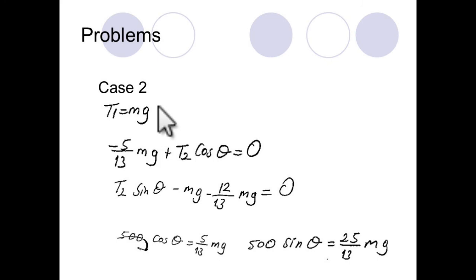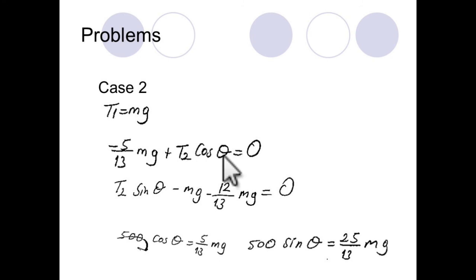Now, let's look at the case 2. Let's go further and not make any assumption on tension in the cord, and we know that T1 is equal to mg, and let's substitute mg in place of T1, and we don't know the mass yet. So it's minus 5 over 13 mg plus T2 cosine theta.